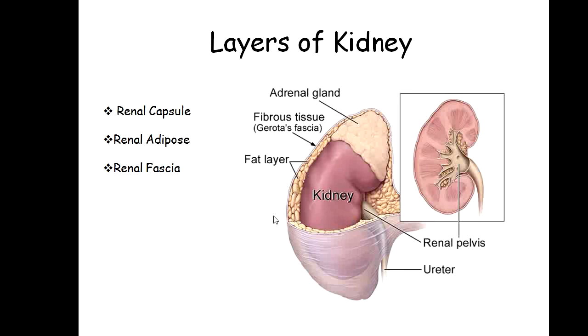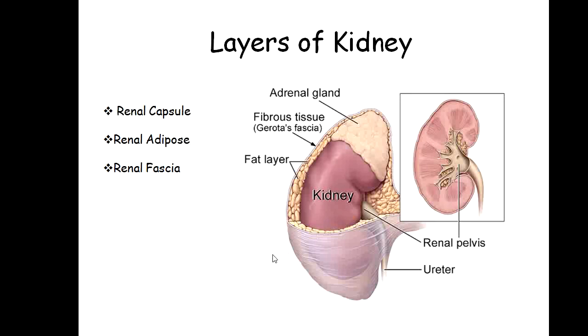It gives connection of the kidney with other organs, with the dorsal side of the abdominal cavity, with the spleen, as well as other organs. The renal fascia is just to hold the kidney in its position.